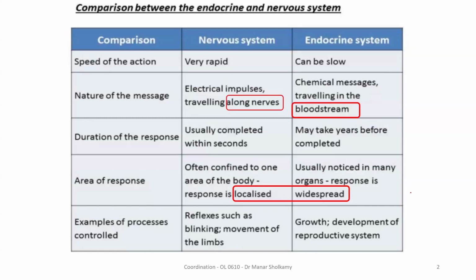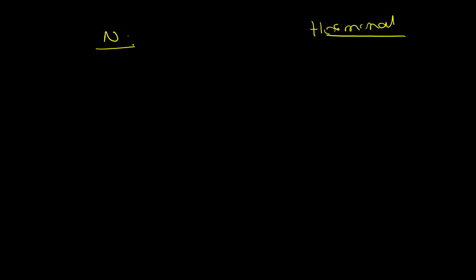Now, we studied the hormonal system and the nervous system. We need to compare. Comparing the hormonal system and the nervous system is very important, and I think it's very easy. Now, without looking at this table, if we will compare the nervous system and the hormonal system, can you tell me or compare between the nature of the impulse? Which system sends an electric impulse, the nervous or the hormonal? Nervous.